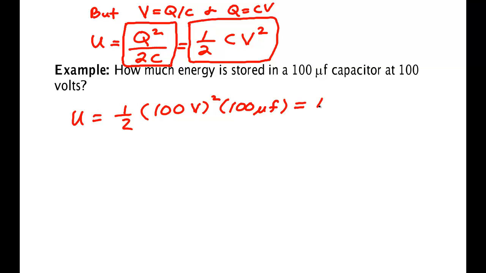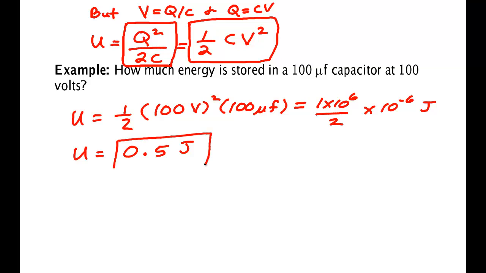So we're looking at 1 times 10 to the 6th over 2 times 10 to the minus 6 joules. So this is 0.5 joules, assuming I've done the mathematical calculation right. So a 100 microfarad capacitor with 100 volts can have half a joule of energy stored in it.